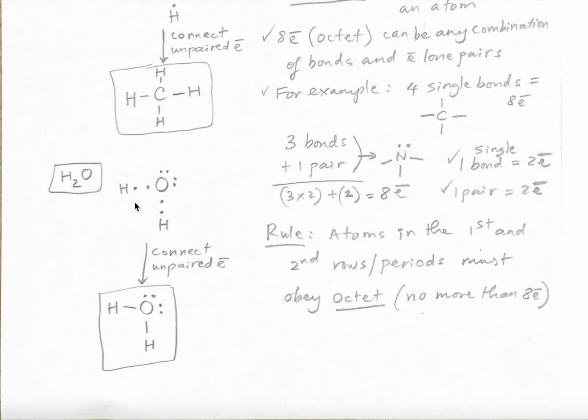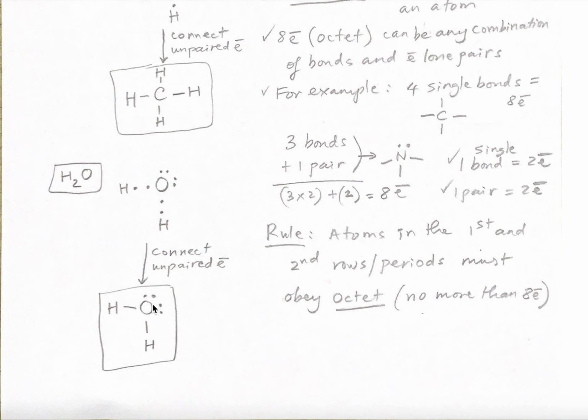Now when you put the hydrogens in, each hydrogen has a single, unpaired electron. You line them up next to the unpaired electrons of the oxygen, and then simply connect them. You get the water molecule. Now notice that you got two bonds in sequence, close together, and two lone pairs of electrons on this side. You can change them as long as they're close by.